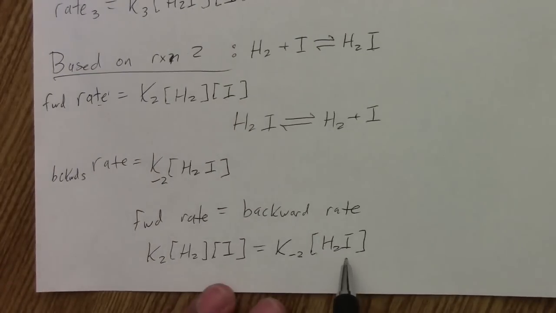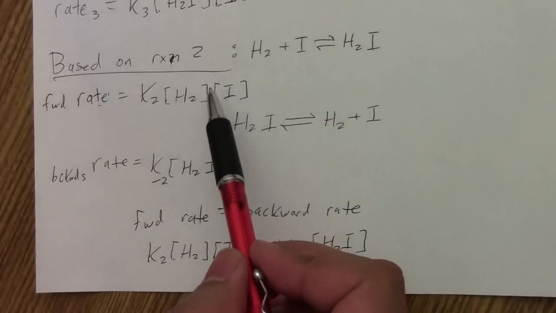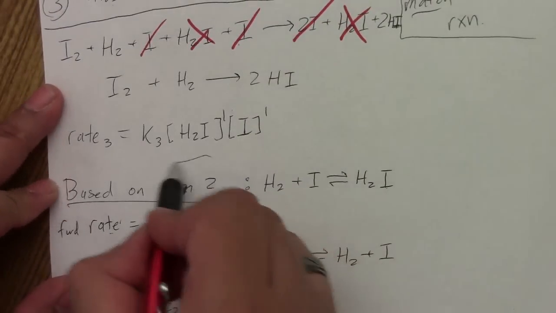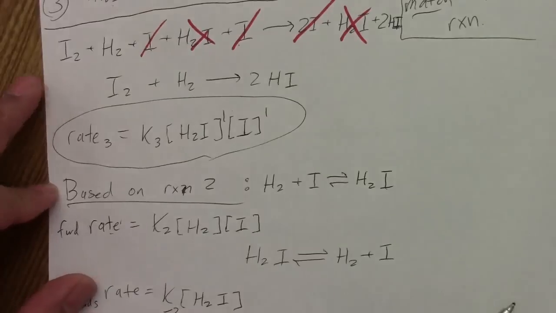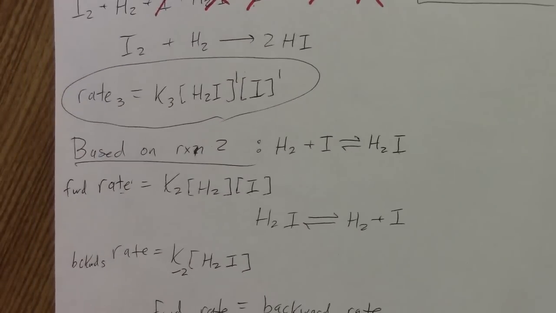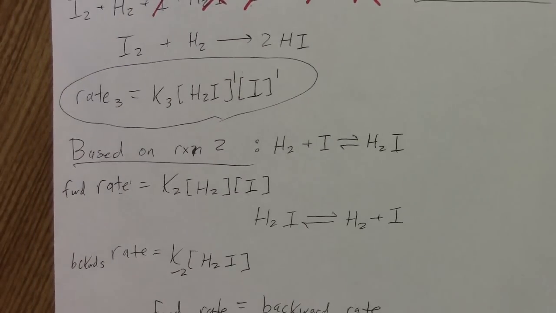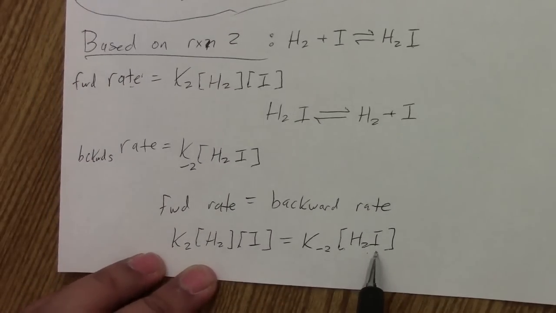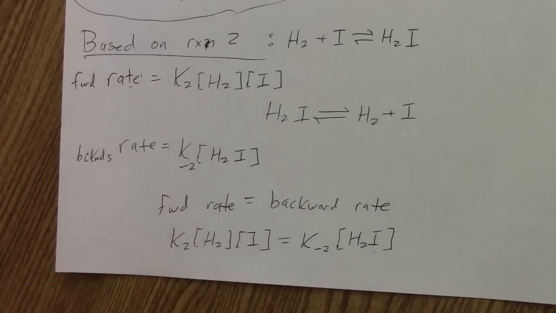Since our goal is to get H2I out of our rate equation, we can solve for H2I down here and then substitute that in and see where that gets us. So let's go ahead and do that.